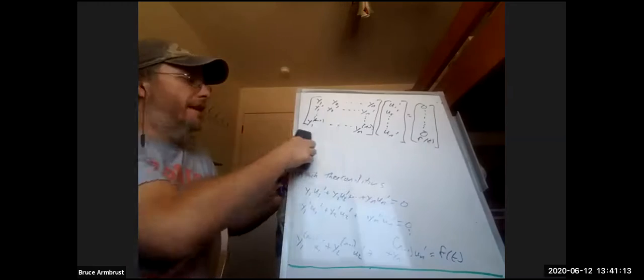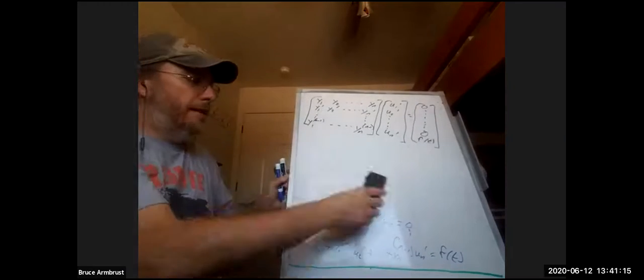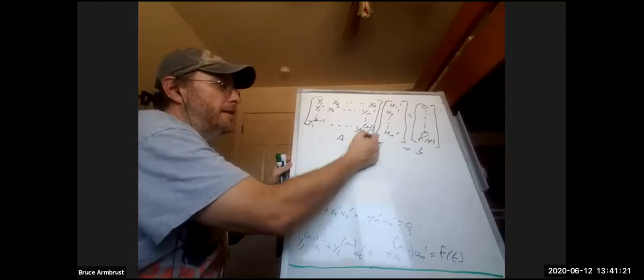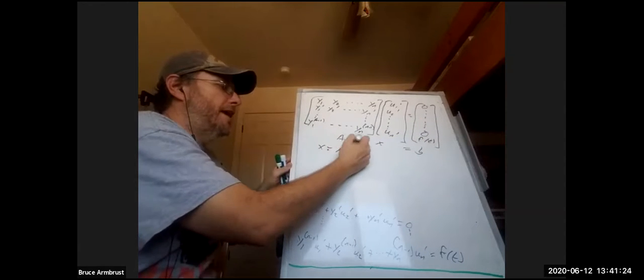But what's beautiful is that it's got the exact same process. And if we think of this as a matrix equation, let's call it, say, Ax equals b, we know that x then is A inverse times b. And so we're going to do exactly the same thing. We're going to find this A inverse and then multiply it by b.